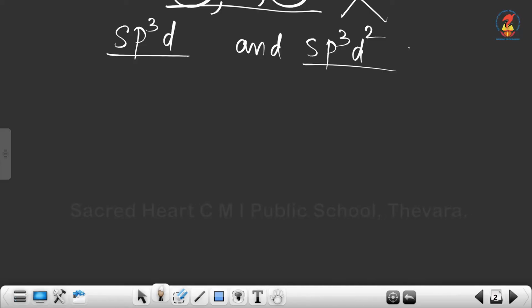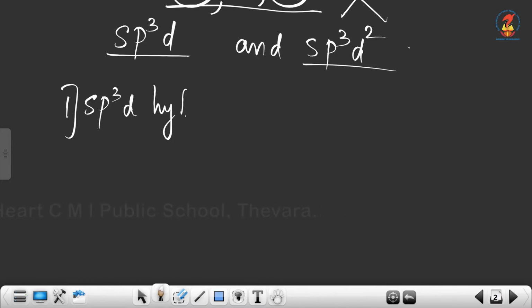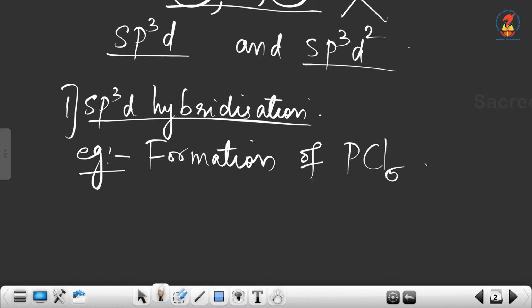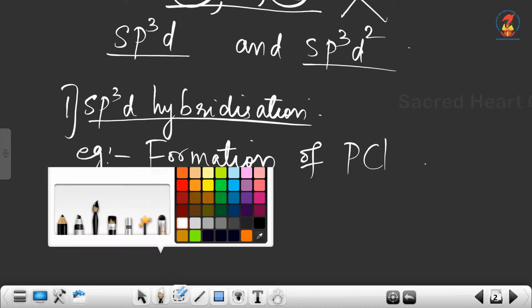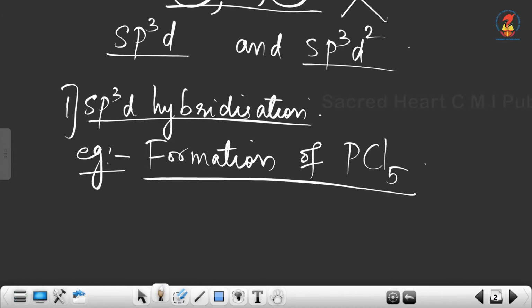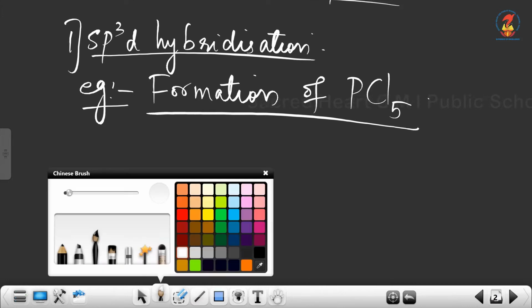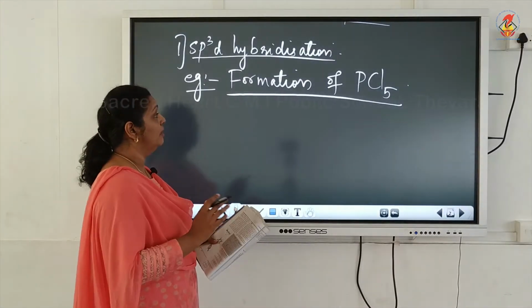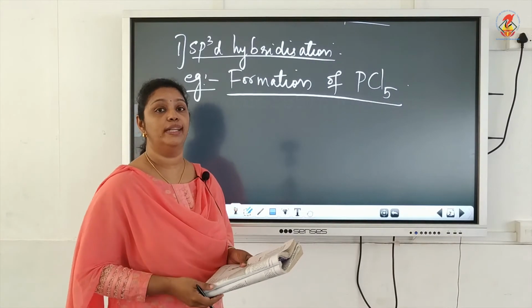An example for this is formation of PCl5 molecule, that is phosphorus pentachloride, and we know phosphorus is in third period of the periodic table. Okay, so let's see how this PCl5 undergoes sp3d hybridization.